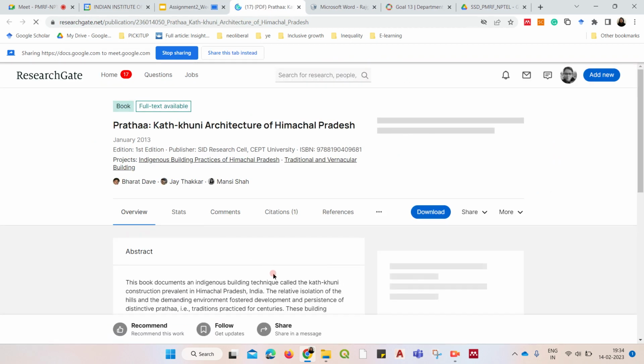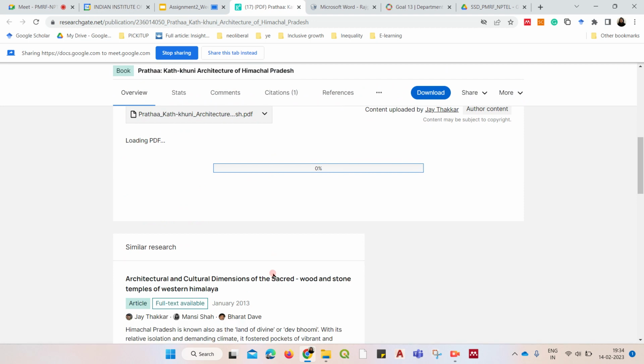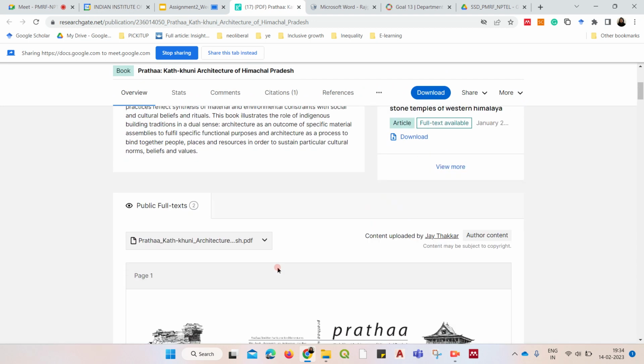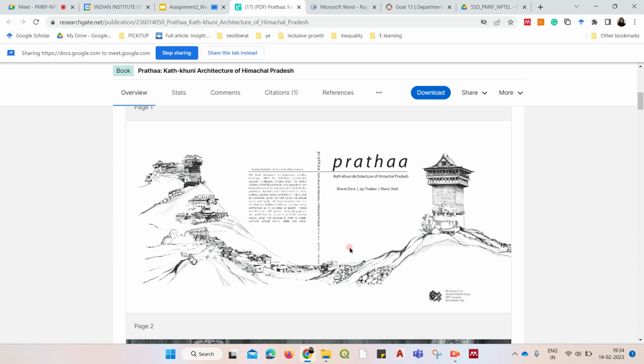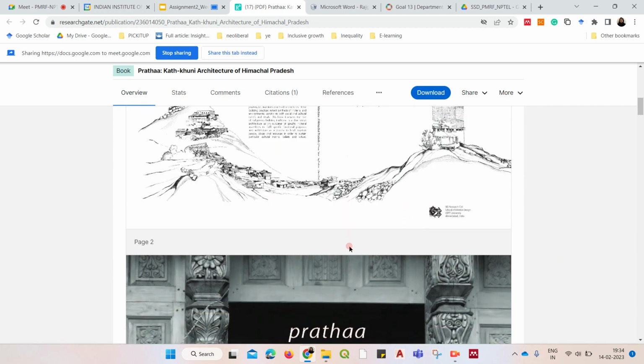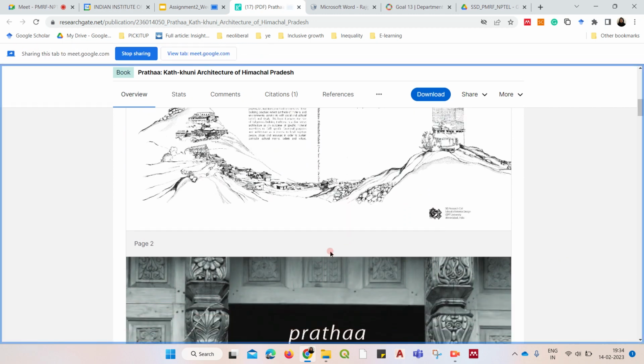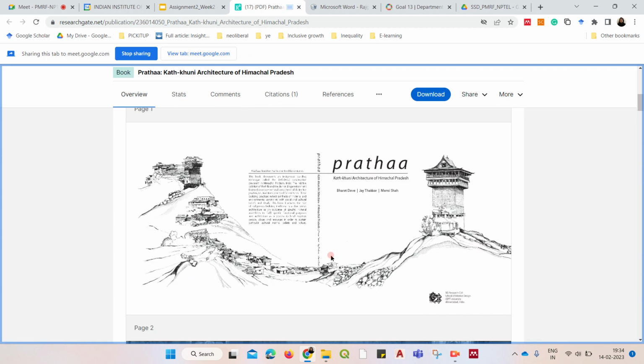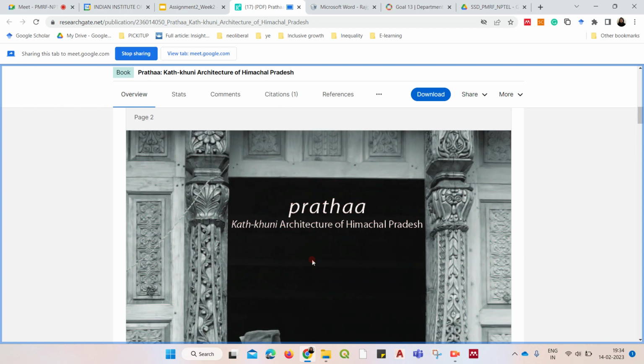Then Katkuni for Himachal Pradesh. So this is more of a documentation of the architectural style as compared to the other document which talks about how earthquake safety is associated to this construction.